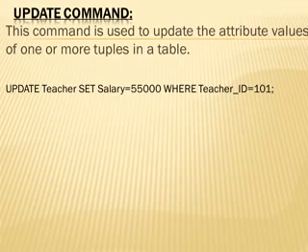So once again, update, the name of the table is teacher, then what you have to do is set the salary as 55,000 in place of 50,000, in which tuple, where the teacher ID is 101.